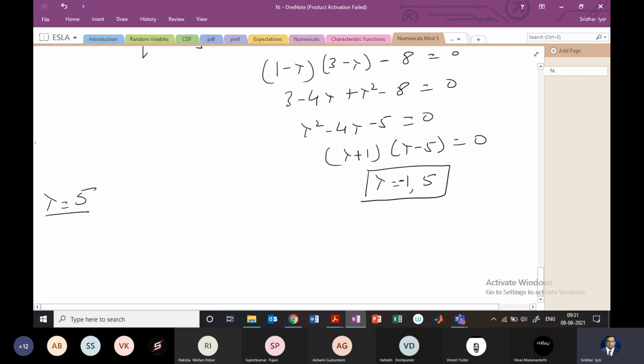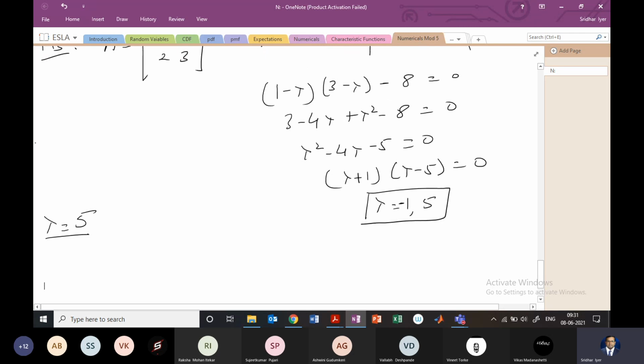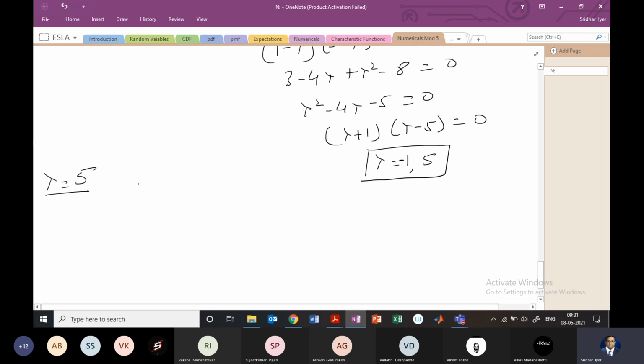So the A matrix is 1, 4, 2, 3. So you have 1 minus 5, which is minus 4. Then you have 4 and 2, and 3 minus 5, which will give you minus 2, right?